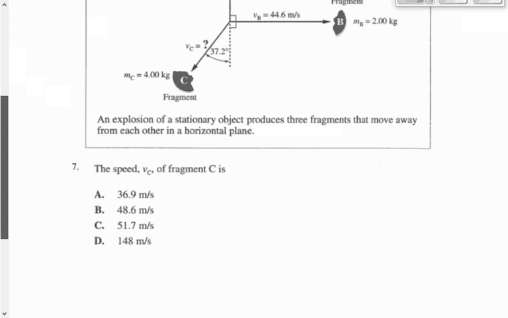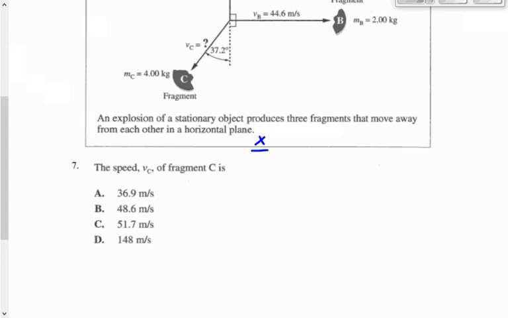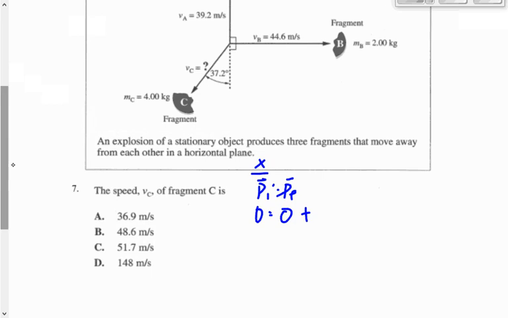Let's say x is Pi equals Pf. 0 initial momentum equals 0 for object 1 plus 2 kilograms times 44.6 for object 2 plus 4 kilograms times V3F.